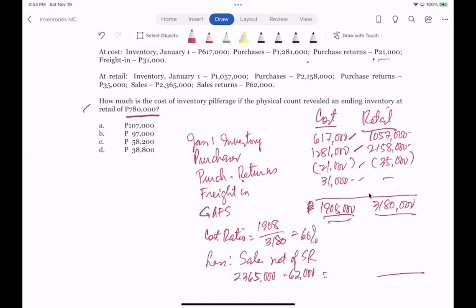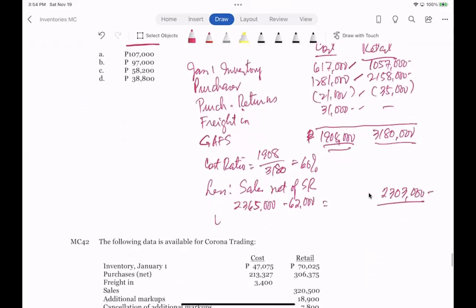That is 2303. So ending inventory at retail, deduct it from 3180, is 877.